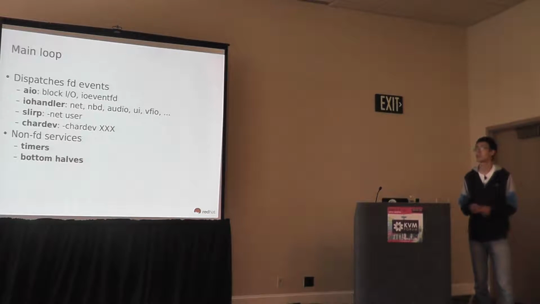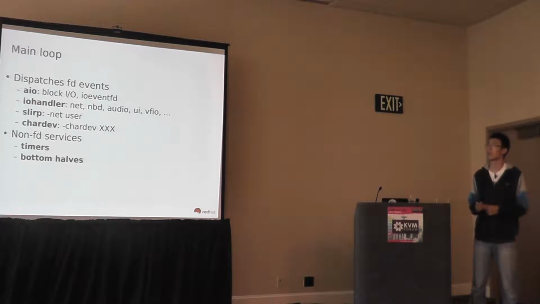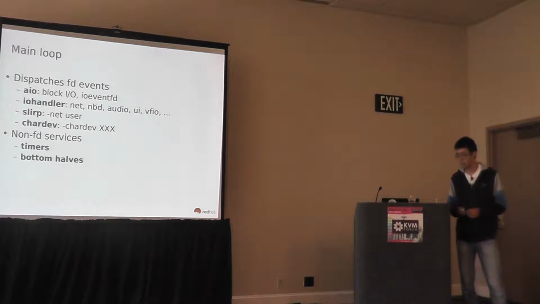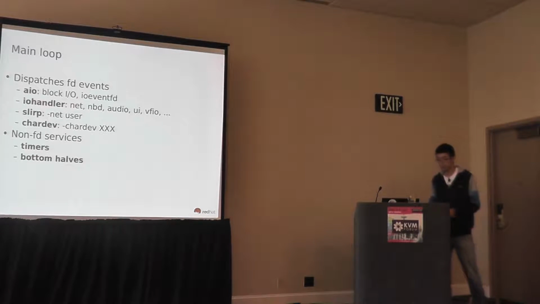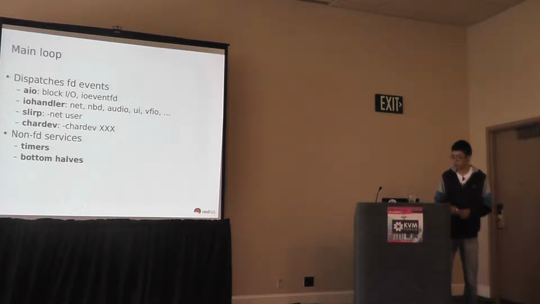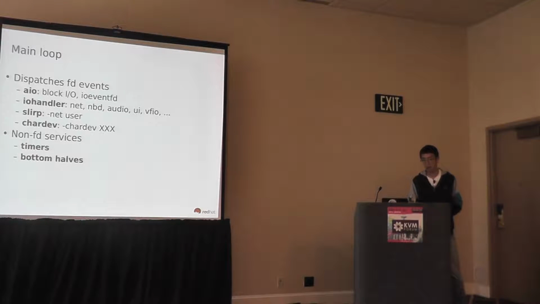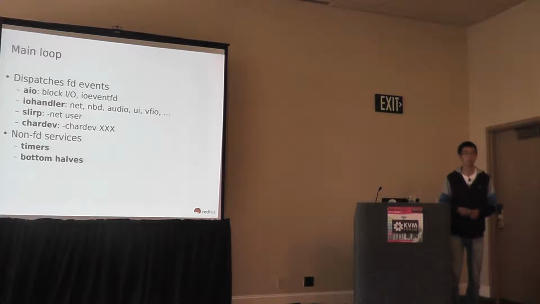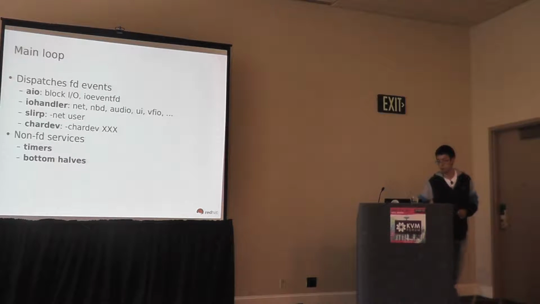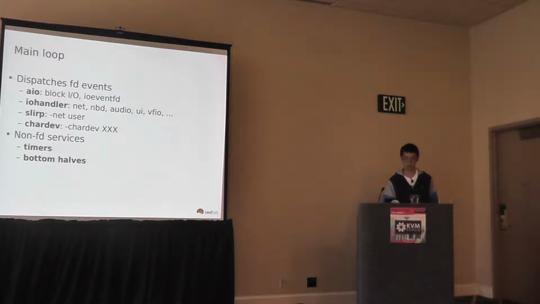It works very simply, like the AIO one, because they are both glib GSources. That's about the file descriptor events. And we have timers and bottom halves. These are 2 special APIs for internal use by the various QEMU subsystems.